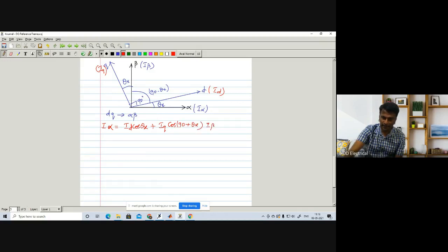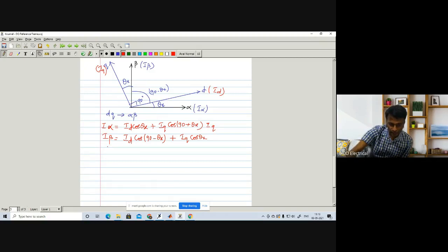Then I beta can be written as ID into cos of 90 minus theta x, plus IQ with respect to beta, IQ into cos theta x. Sorry, once again, this is ID, IQ.